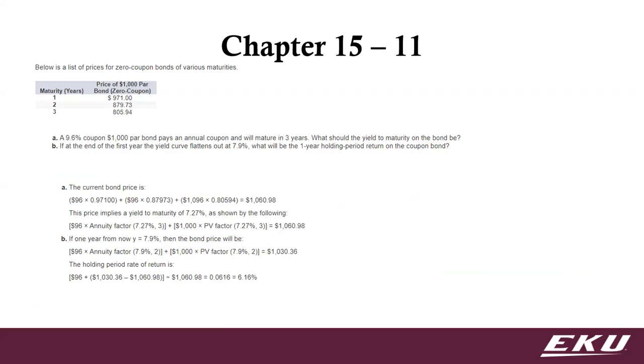This one shows if you use the annuity factors, right? But you can obviously just put this in the calculator, and you have the annual coupon of $96. You know the future value is 1,000. So what we're going to do is just solve for the price, the present value, right? Based on those rates.